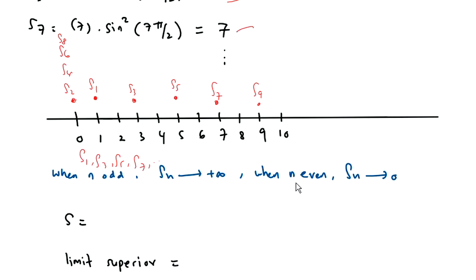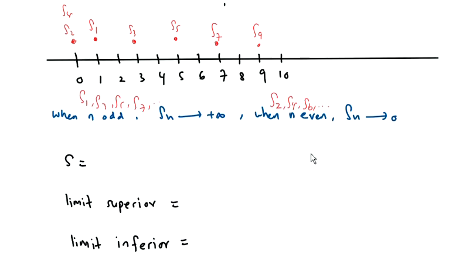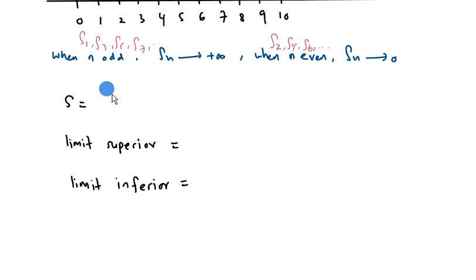And then when n is even, S2, S4, S6, and so on, the subsequence approaches 0. So now we have two subsequences. The subsequential limits are 0 and positive infinity. So the limit superior is positive infinity, and the limit inferior is 0.